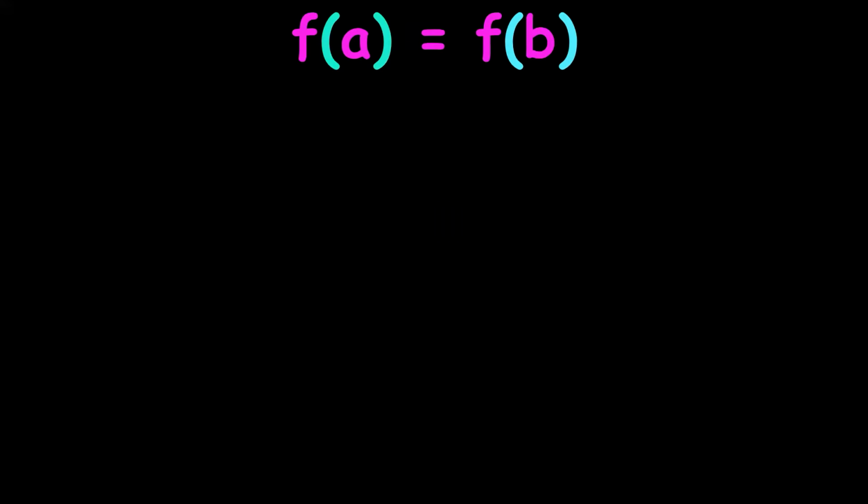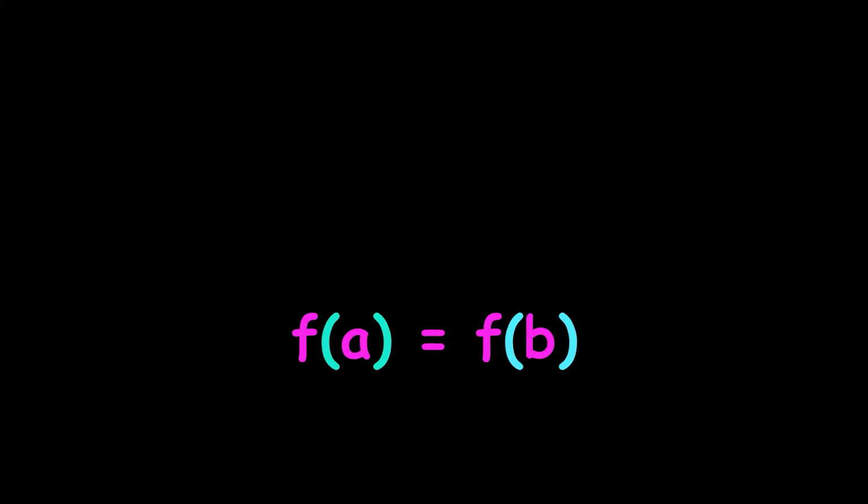So how do we mean? For us to show that the function is one-to-one, f of a should be equal to f of b. Okay, so an example that we can give is, let's say we have f of x. This f of x is equal to 4x minus 3.